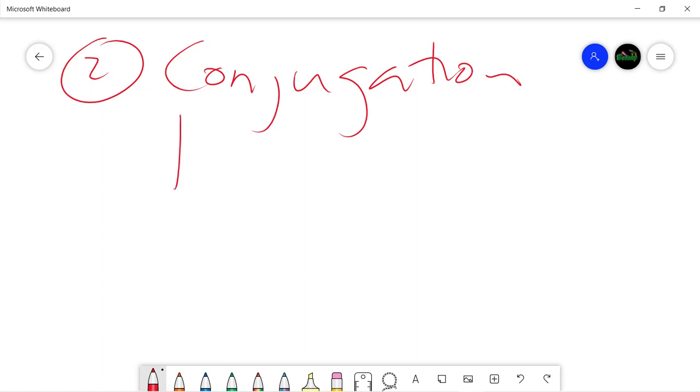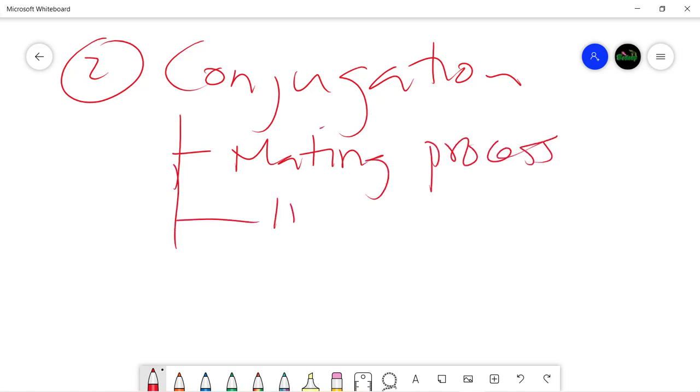Conjugation is basically a mating process, and it involves bacteria. Since our discussion is about bacteria, it is how genetic material gets transferred from one bacterium to another. So a mating process involving bacteria.